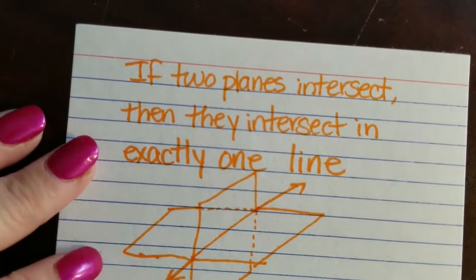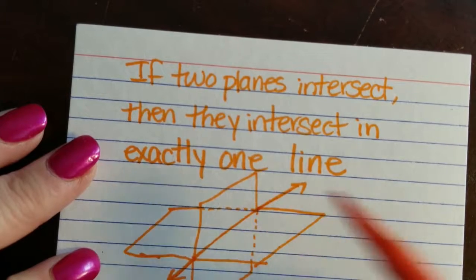So we have 2 planes that are intersecting, and this line is its intersection.